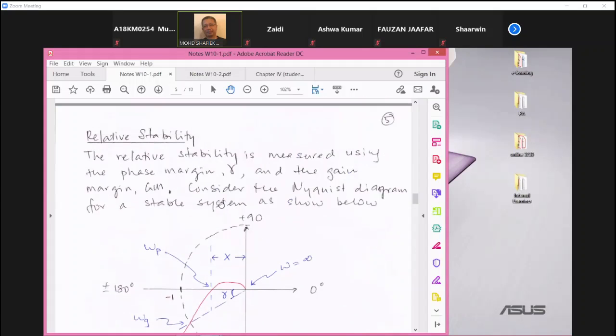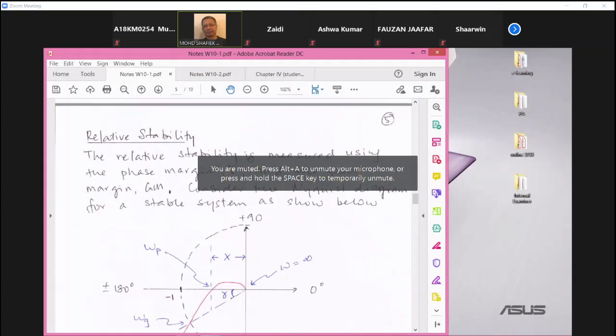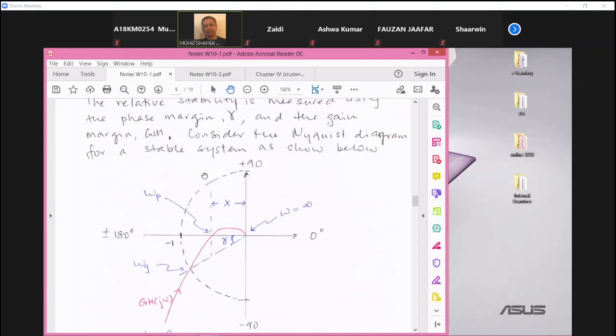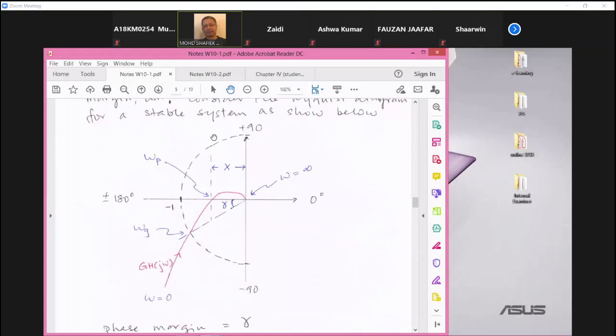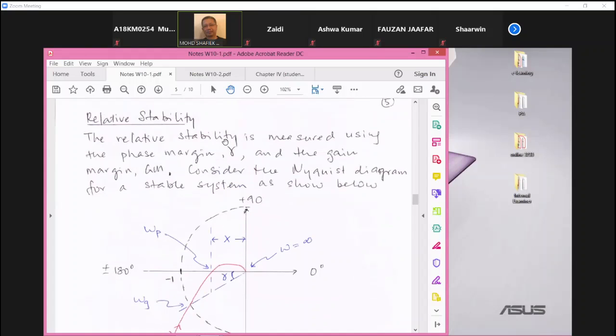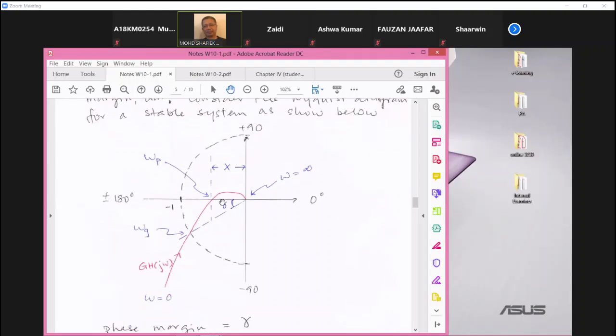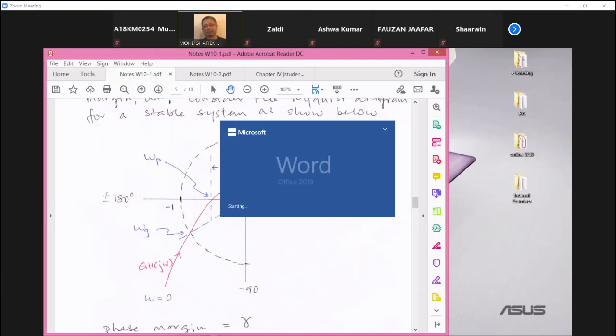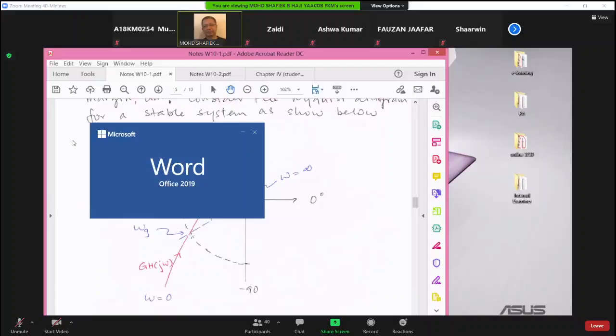So how do we evaluate this relative stability in the form of phase and gain margin? Okay, so the phase margin gamma is that angle when you draw the circle of radius 1 from the origin, and this is the gain crossover frequency.